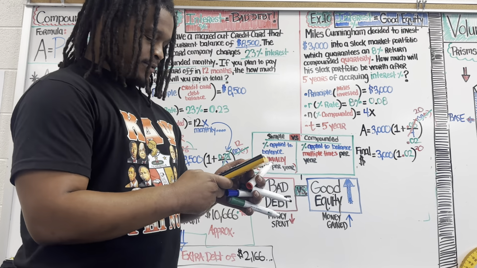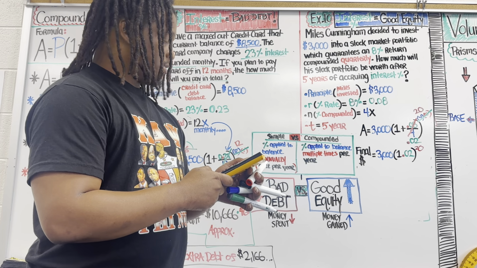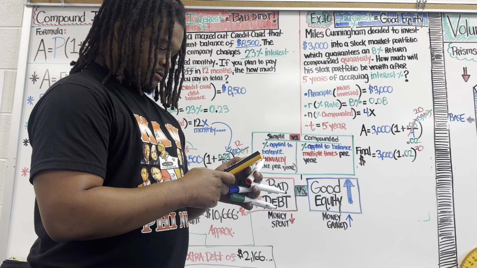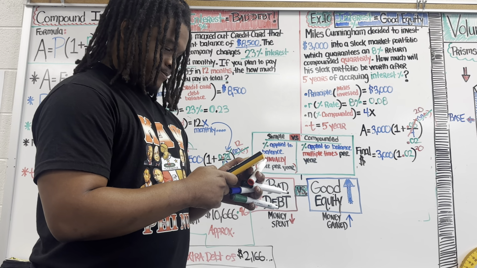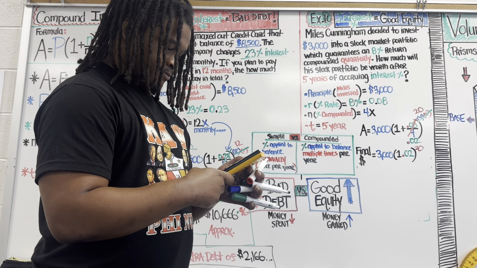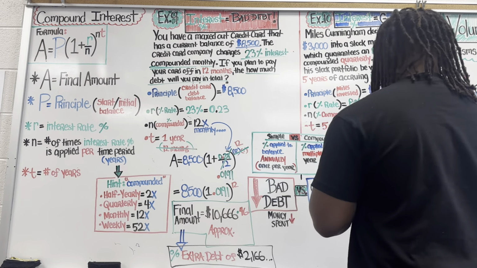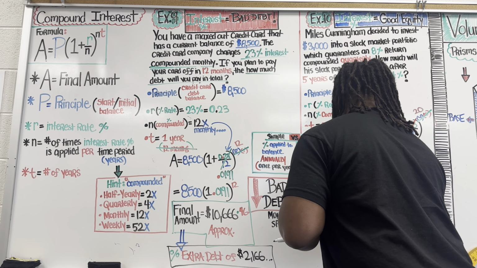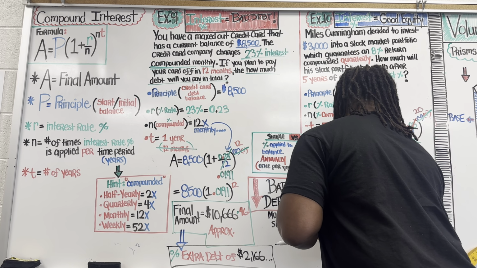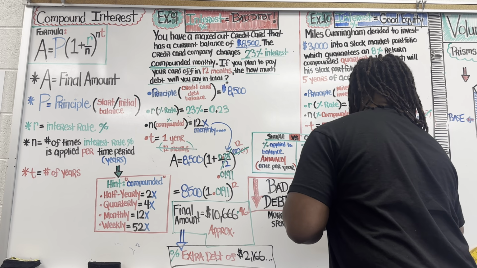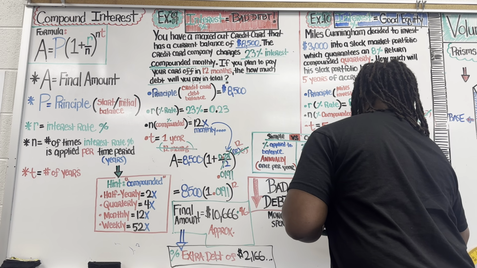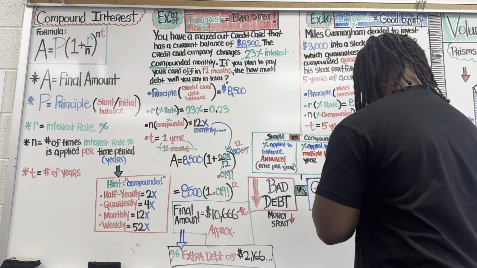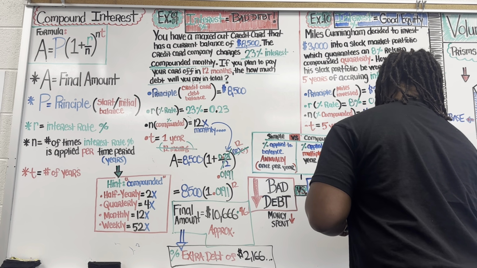So I'm going to plug it in. 3,000 times parentheses 1.02 to the exponent of 20. And the final amount that he's going to have within his account after 5 years will be $4,457.84, give or take. Once again, guys, these are just approximate numbers.